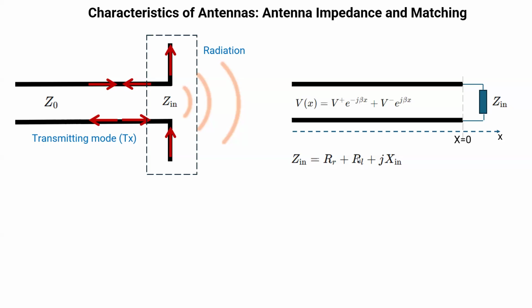This loss can be because of the dissipation of energy in my antenna, just conversion into heat, and radiation, which is the main purpose of the antenna, to radiate an electromagnetic field. This radiation means the energy in my system dissipates in the form of radiation, and I can describe this process using R sub R, the radiation resistance.